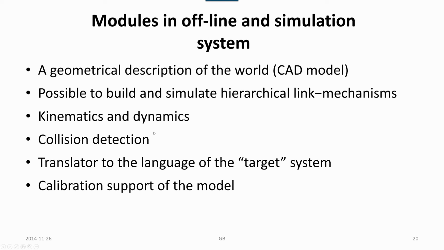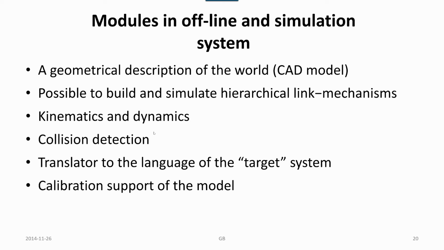So, modules in offline simulation systems. Well, a geometrical description of the world model, as mentioned, in the form of a CAD model. Possible to build and simulate hierarchical link mechanisms in different ways. Link mechanisms might be others than robots. It could be different kinds of positioners, traction, servo tracks, could be complex end effector tools and so forth.